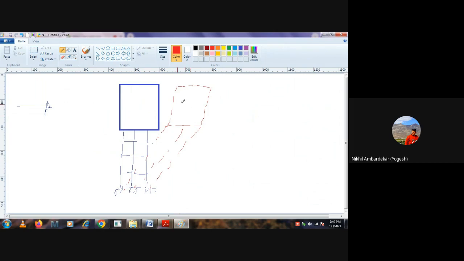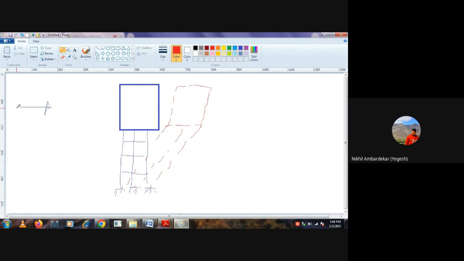Because this is a cantilever, the entire earthquake force will be attracted to this tank, correct? And it will be transferred. Obviously, this force will be transferred somewhere. Where will it go? Obviously, to the ground.